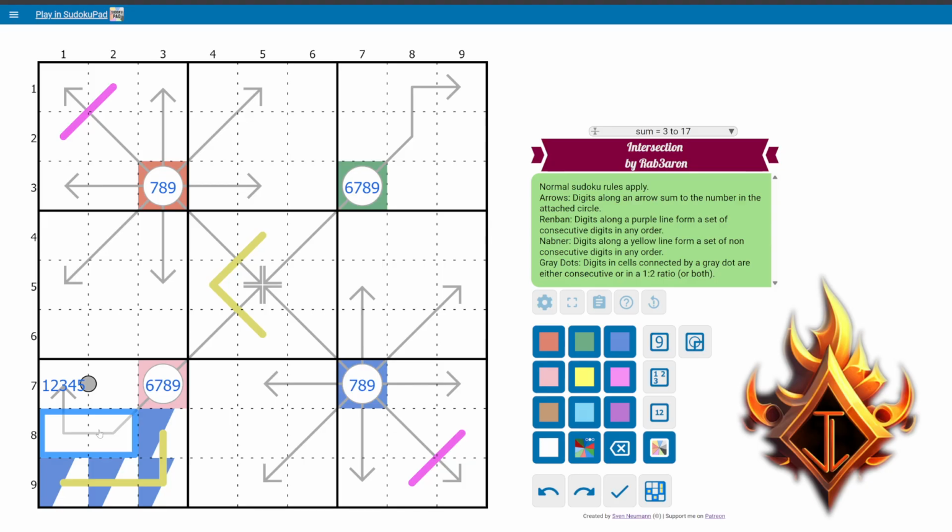But one of these could maybe be 6. This could maybe be 2, 3. And then green would be 6. Pink would be 9. So no, that wouldn't work either. That would put red and blue on the Nabner again, and they would be 7 and 8.